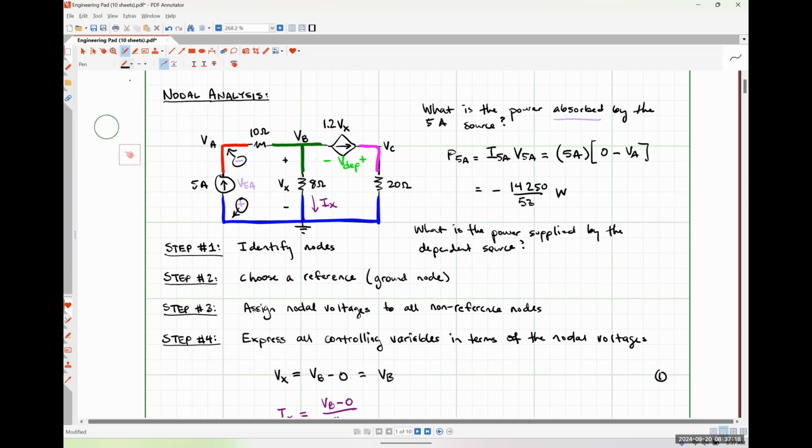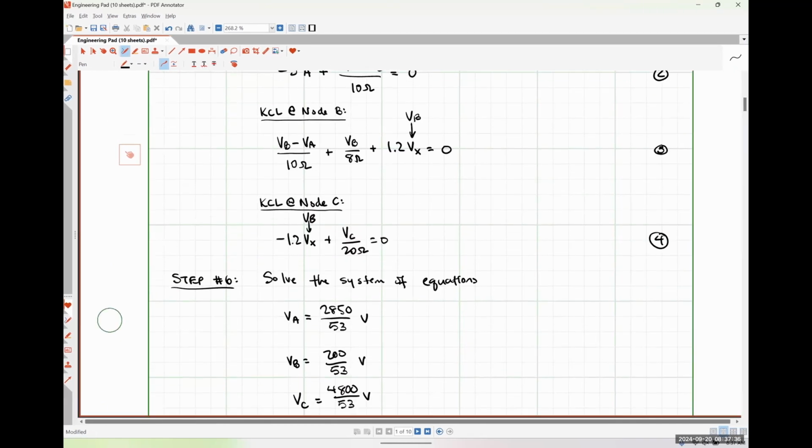So my current is just 1.2 Vx, where we know that Vx is Vb. So we would have 1.2 times Vb, which was 200 over 53, if memory serves me correctly. Let me scroll down here to make sure. Yep.